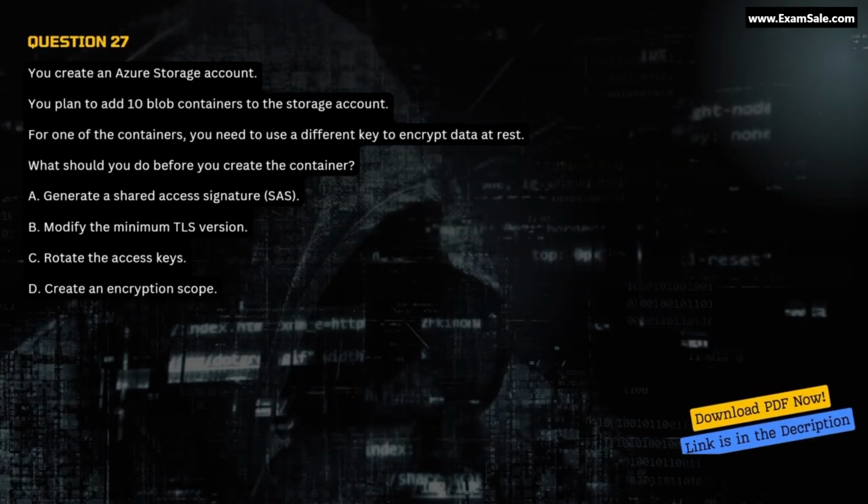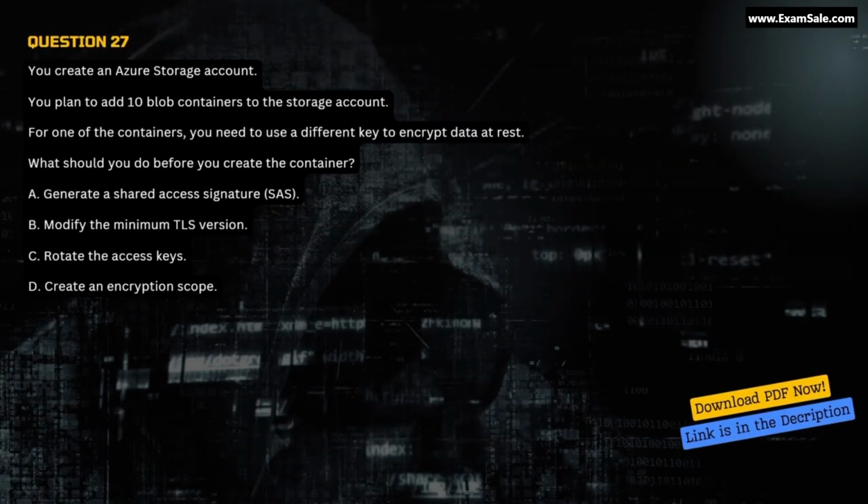Question 27. You create an Azure storage account. You plan to add 10 blob containers to the storage account. For one of the containers, you need to use a different key to encrypt data at rest. What should you do before you create the container? A. Generate a shared access signature, SAS.